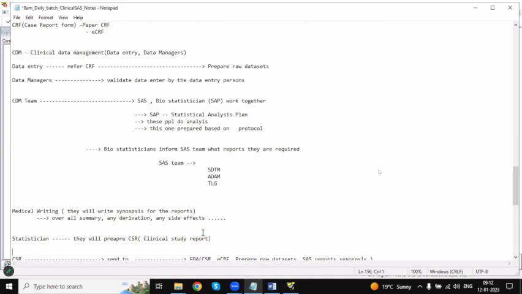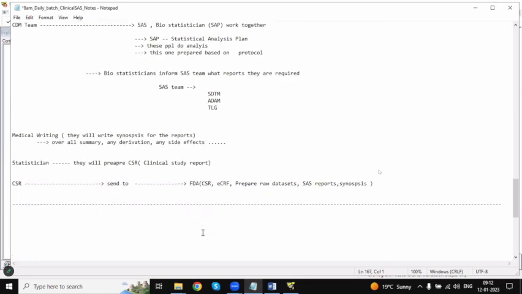The SAS team and biostatisticians will work together by taking the raw data sets as input and prepare the SAS reports. Next, these reports will be referred to by your medical writing team. They'll write some synopsis. Then finally, the statistician will review all the reports and the synopsis. He will write a CSR document. That CSR document they'll send to the public. Clear?